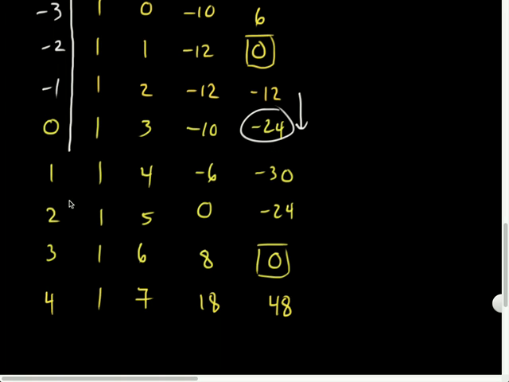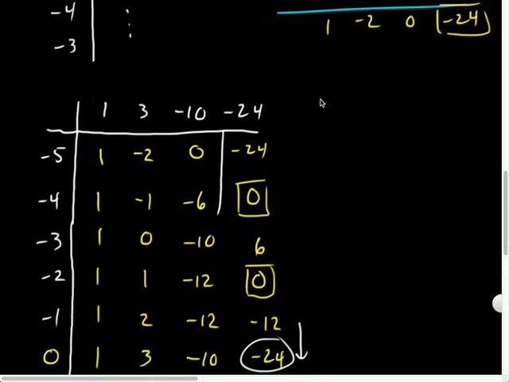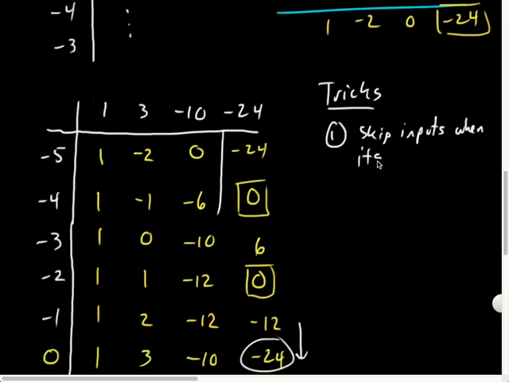Another trick. So let's see. I guess here are my tricks. One, I said, let's see, what was it? Skip inputs when it's getting farther from 0.